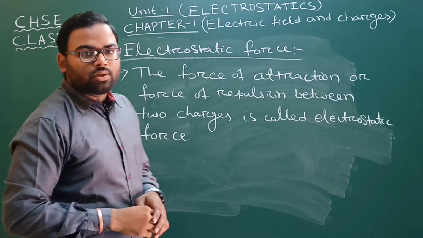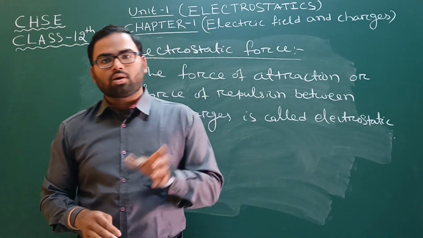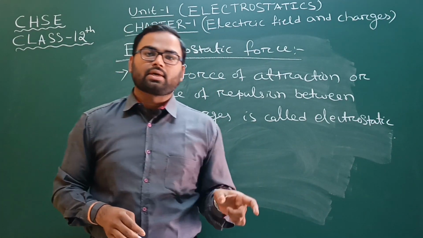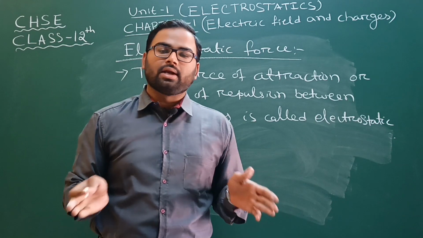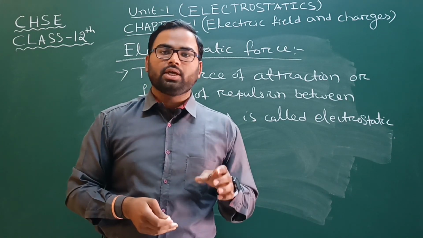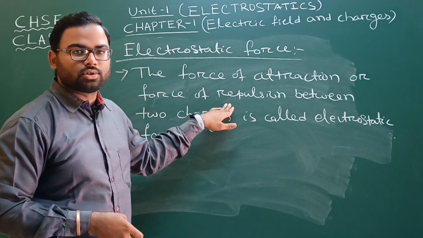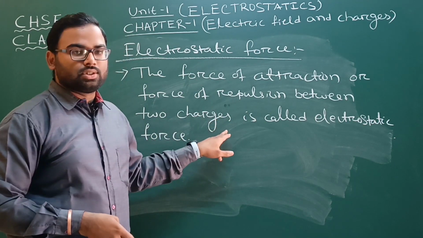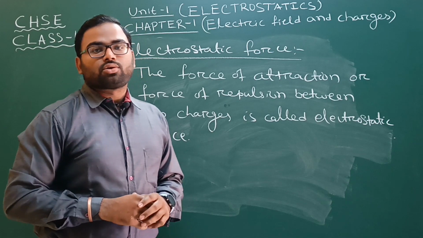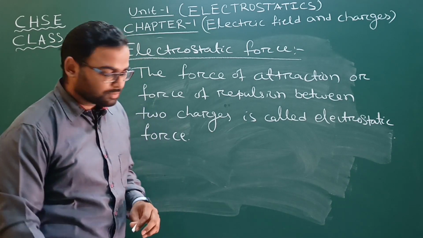Clear? The force of attraction or repulsion. Attraction in the case of opposite charges and repulsion in the case of equal charges. So the force of attraction or the force of repulsion between two charges is called electrostatic force.